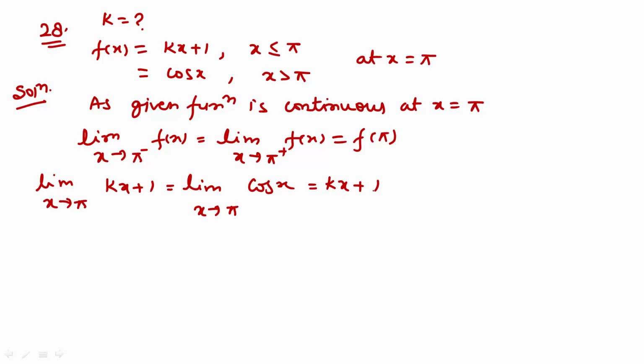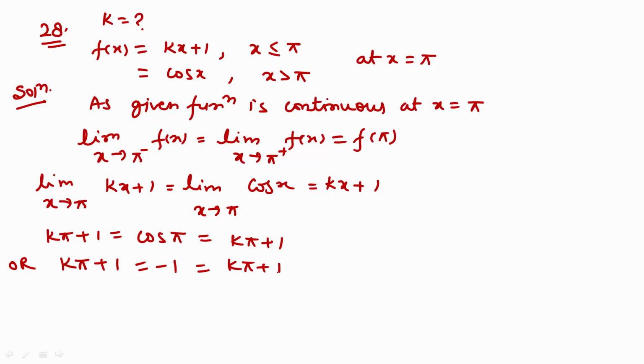Now on taking limit, k pi plus 1 is equal to cos pi is equal to k pi plus 1. The value of cos pi is equal to minus 1, or k pi plus 1 is equal to minus 1.